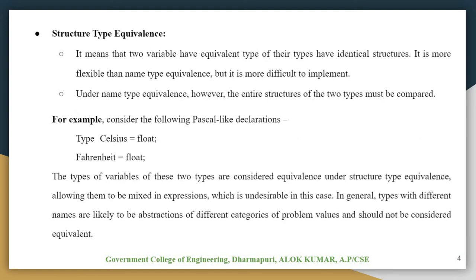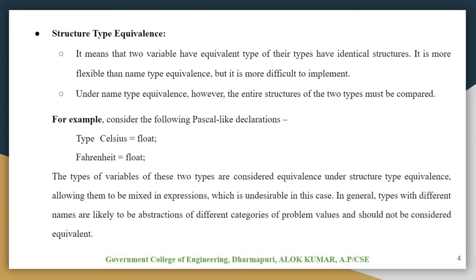Now we will see structure type equivalence. It means that two variables have equivalent types if their types have identical structures. It is more flexible than name type equivalence, but it is more difficult to implement. Under structure type equivalence, the entire structures of the two types must be compared. For example, consider the following Pascal-like declaration: type Celsius equals float, and Fahrenheit also float type.